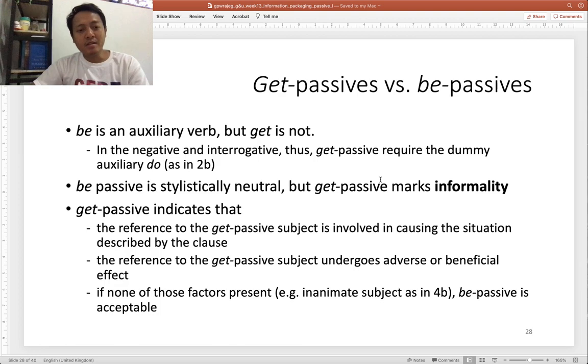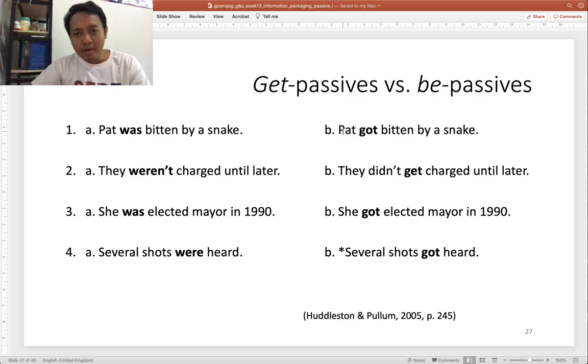Another possible interpretation is that the referent of the get passive subject undergoes an adverse or beneficial effect. If we see from this example, Pat got bitten by a snake. Pat, subject of the get passive, undergoes an adverse effect, a bad effect, because of being bitten by a snake. In 3B, in contrast, she got elected mayor in 1990. She here undergoes a more beneficial effect, elected as a mayor. That's more beneficial than getting bitten by a snake.